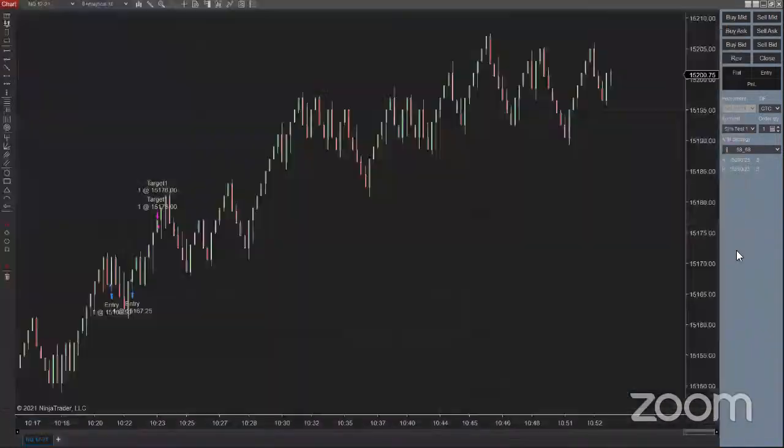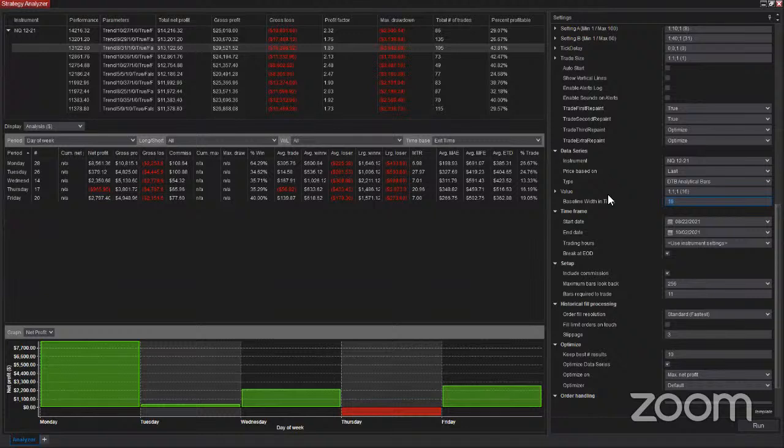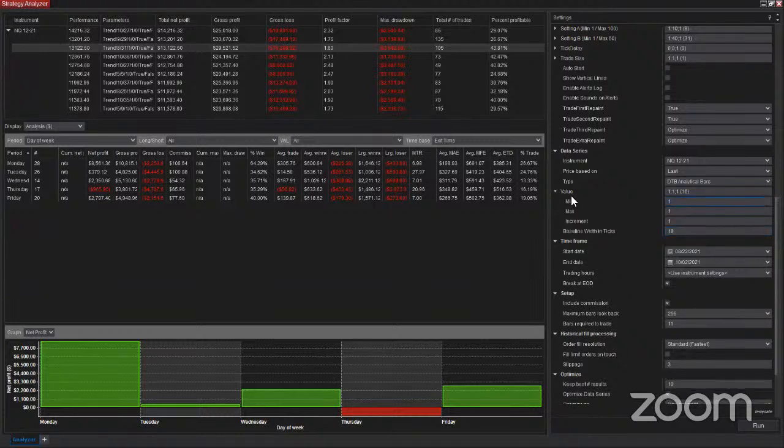If you want to optimize the baseline within ticks, which was the 18, you can say you want to optimize a value between 8 and 24, in increments of 8. Obviously that's going to give you results for 8, 18, 16, 18, 24, 18. So it's going to give you all these results in that range.